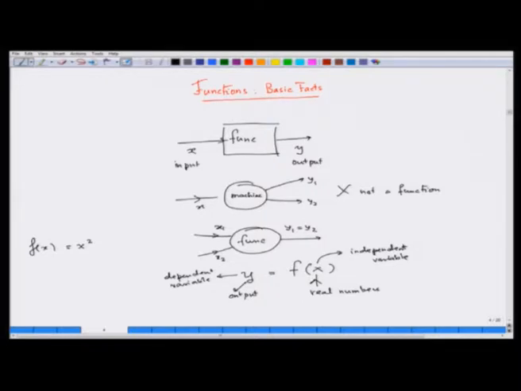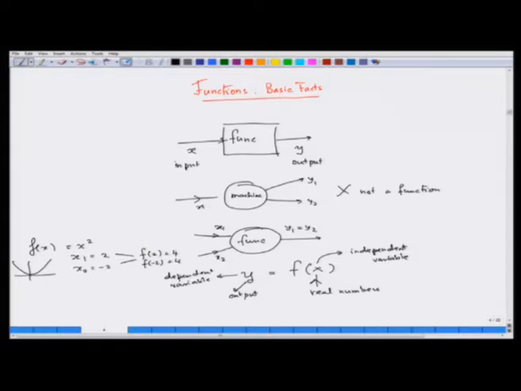So if I take f(x) equal to x square, it is a familiar parabola that you have studied in coordinate geometry. This is a function, and you see here for x1 equal to 2 and x2 equal to minus 2, the function values f(2) and f(-2) both give me the same number 4.